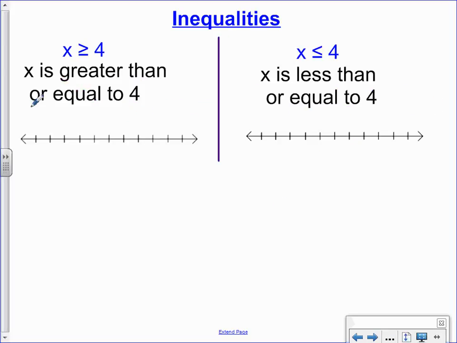and the little bar underneath is the or equal to part. So the only difference when it says the or equal to this time is you shade with a closed circle. Okay, so it's basically the same. Here's 4, something before, something afterwards. Closed circle. If it's greater than, again, just shade to the right.